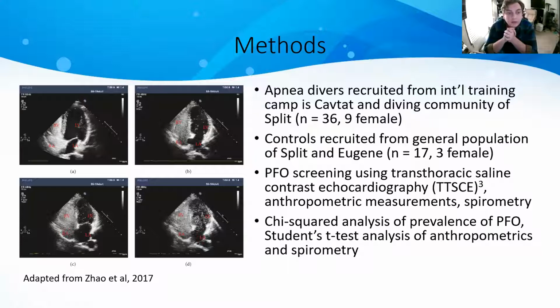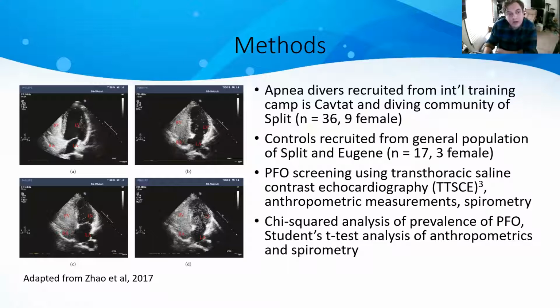The PFO screening was conducted with transthoracic saline contrast echocardiography, and that involves the agitation of saline and injection into the antecubital vein while monitoring the heart for the appearance of small air bubbles in the saline contrast. As you can see in this image here, the top left image is the injection of the microbubbles.